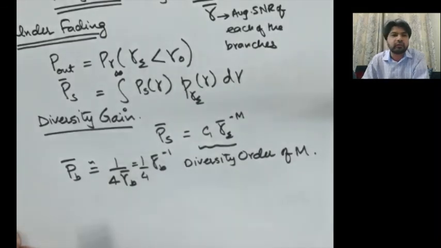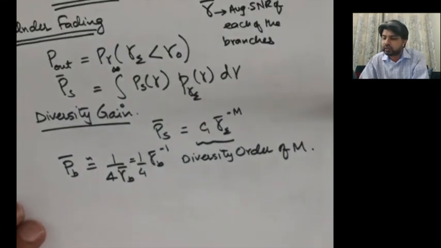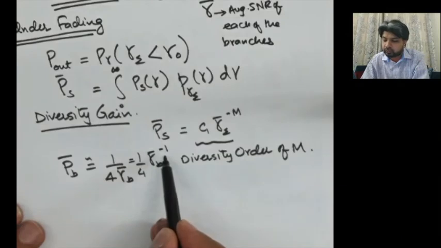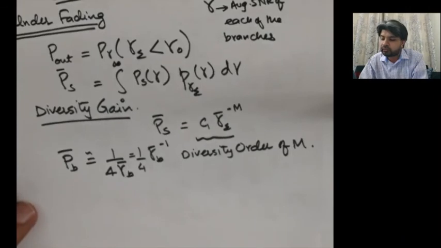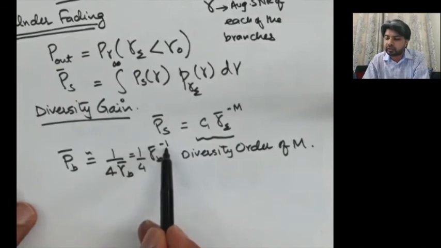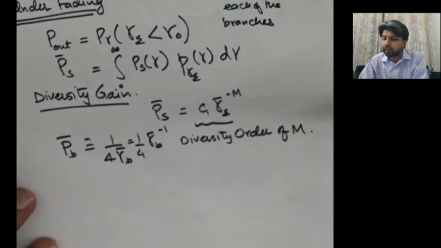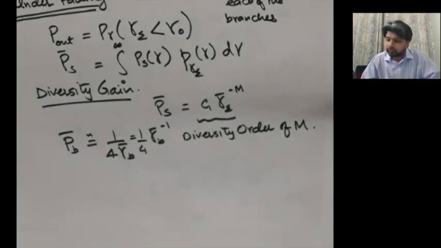So you have a diversity order of 1 here, which should be the case because you have only one antenna at this point. Once you have more antennas, you would get a better diversity order, increased by some number greater than one. That is the gain or the performance metric that you would be looking for under fading. Next we will look at the performance with selection combining.